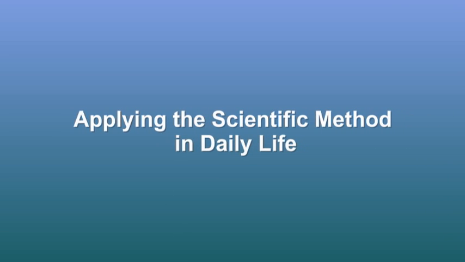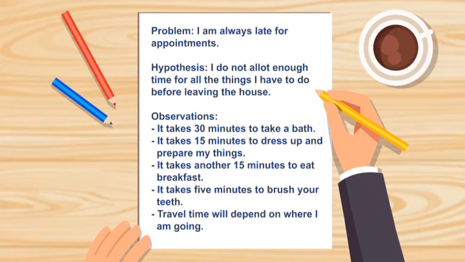Let's start applying the scientific method to solve a problem everyone faces, being late for appointments. We can discuss how to use the scientific method to solve this problem, but let's make it easier for ourselves with a simple illustration. Let's use this simple format to apply the scientific method to this problem.